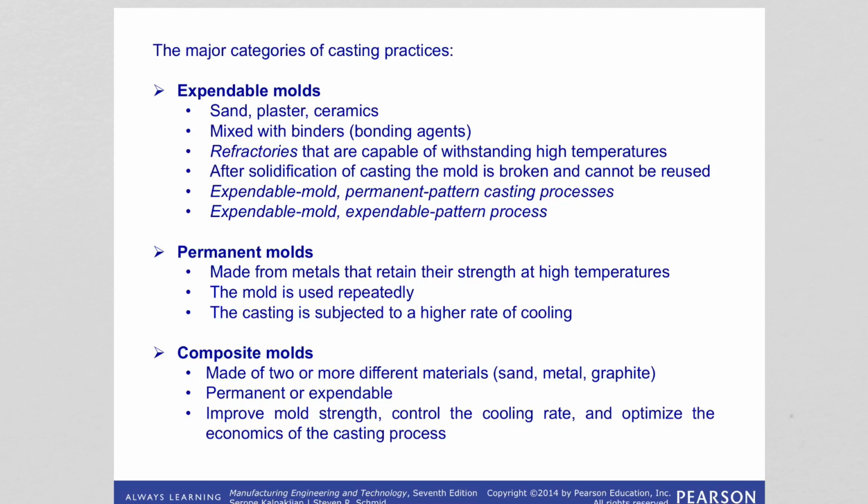Because metals are better conductors, they are removing the heat from the casting at a higher rate, so there is a higher rate of cooling during solidification, which of course affects the microstructure and grain size. Therefore each of these techniques will give you a different type of structure. Therefore it is really important to understand and predict what type of grain structures we can obtain from each of these different processing techniques.